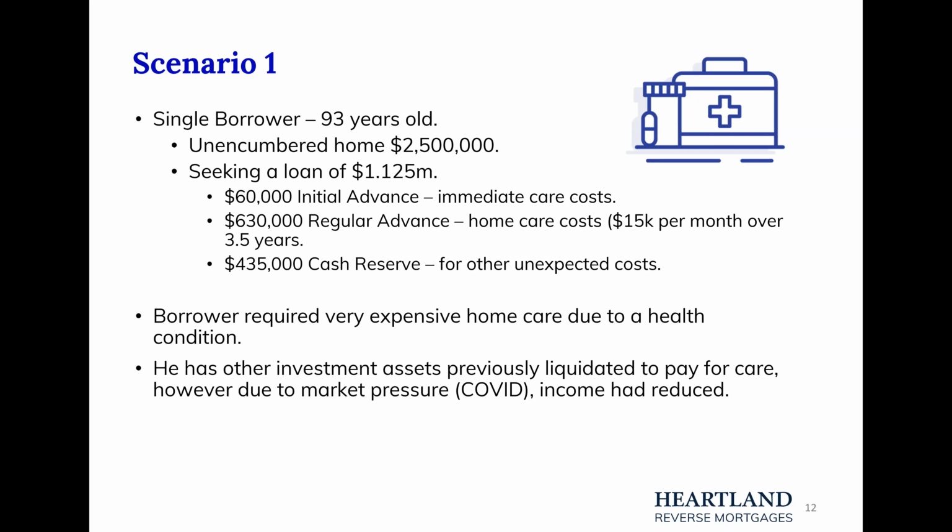But he has some investment assets which he would previously liquidate to pay for this care, but because of COVID-19, his income is actually reduced. It's put some pressure on his assets, and he basically needed an alternative means to finance his home care throughout this period.